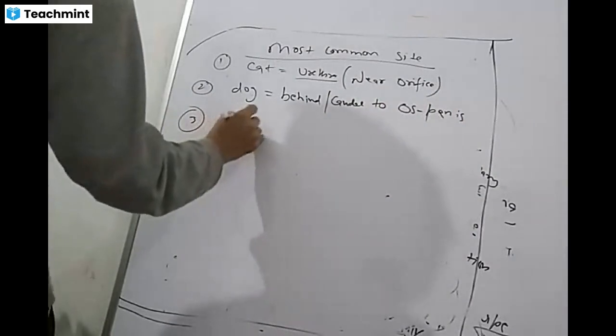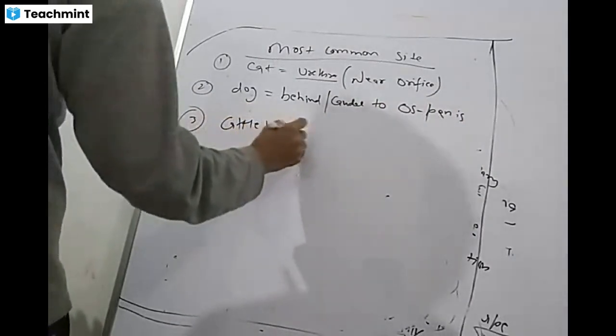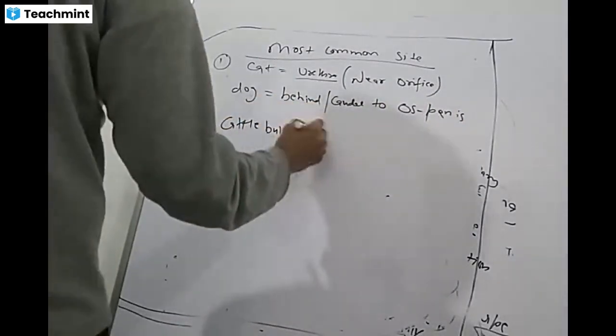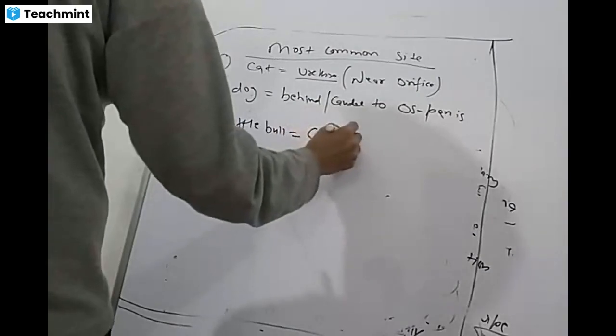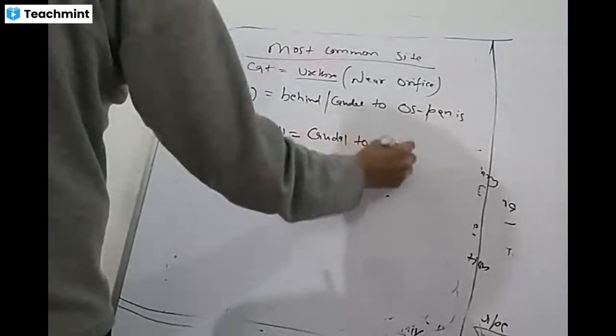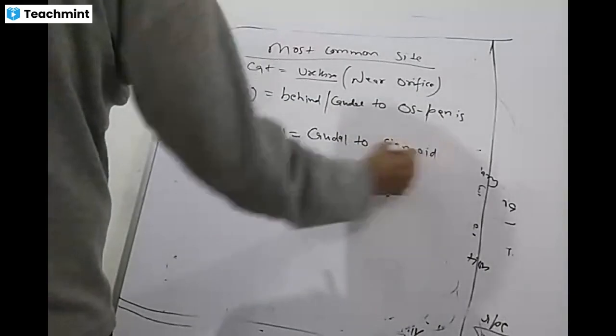In case of cattle bull, it is caudal to sigmoid flexure.